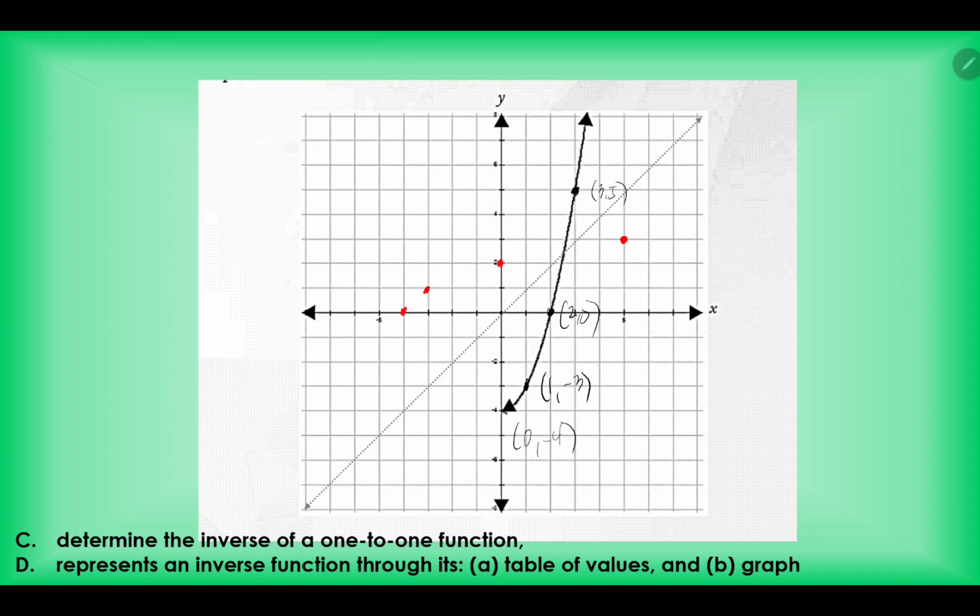Ayan. So makikita natin, when we try to connect, dapat meron tayong makikitang curve dyan. So yan, you can see now we have a perfect example of identifying the inverse function of a function.